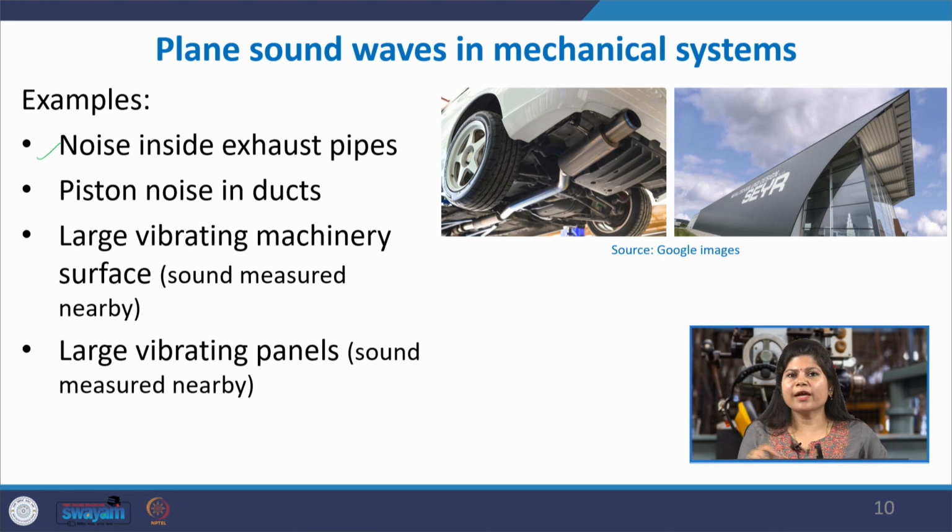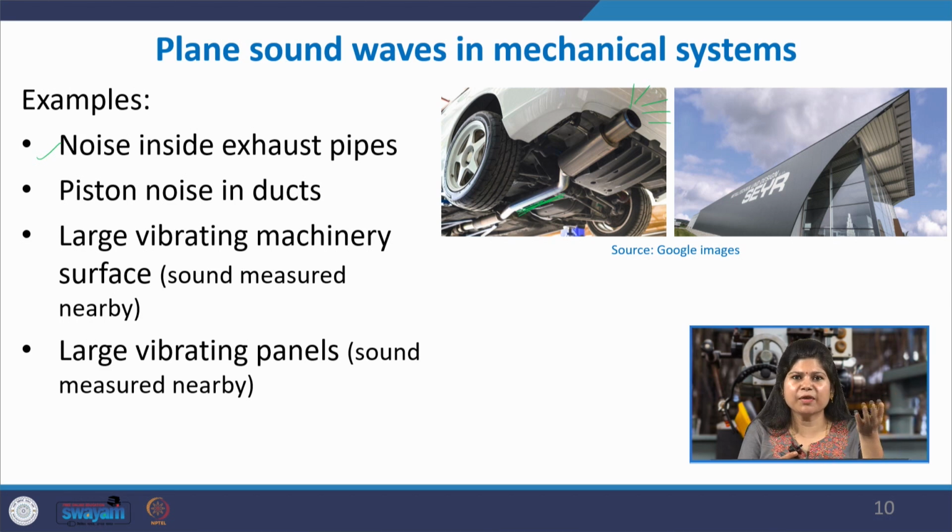Here I would like to make one differentiation: the noise inside these tailpipes would be a planar wave front, but once it exits outside, it becomes spherical in nature. Inside, the piston motion creates waves in a long narrow tube, but once the tube has ended, the sound suddenly encounters an infinite baffle.